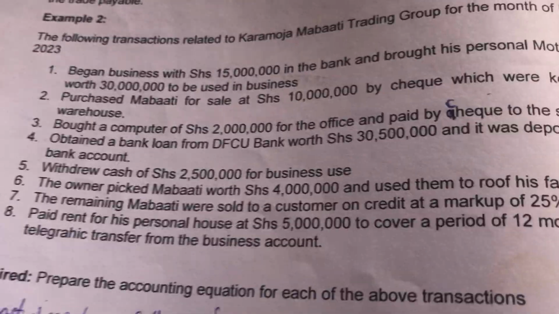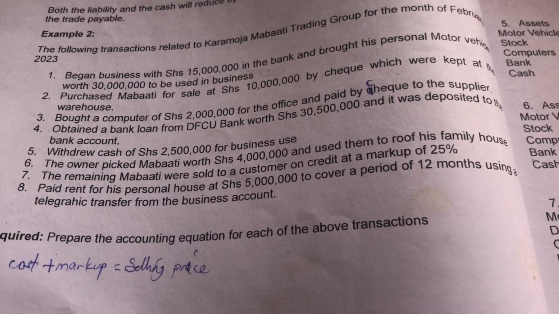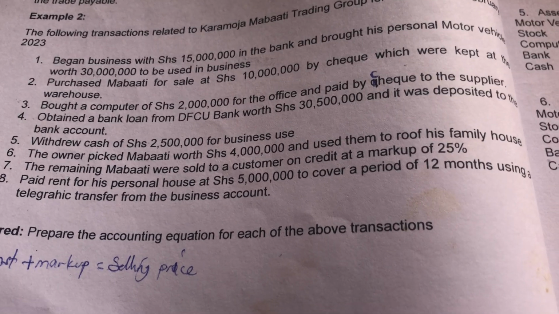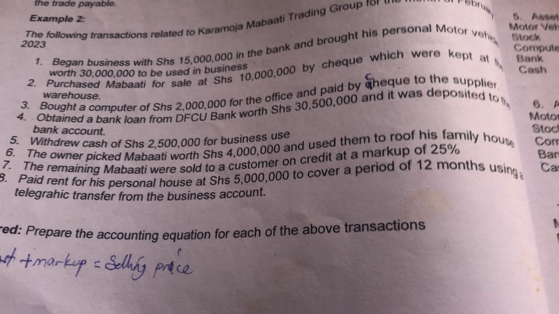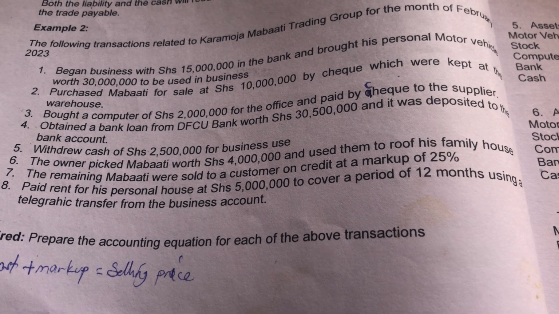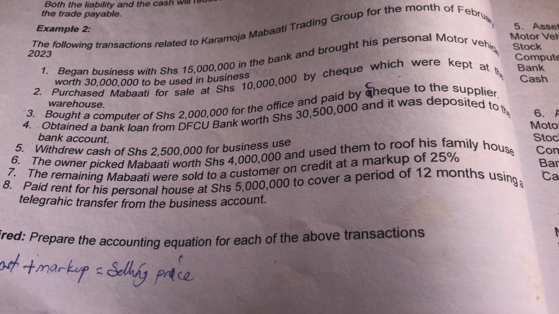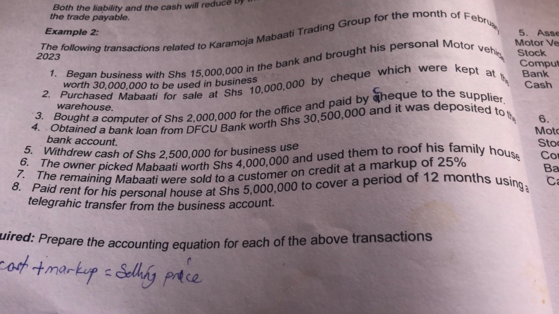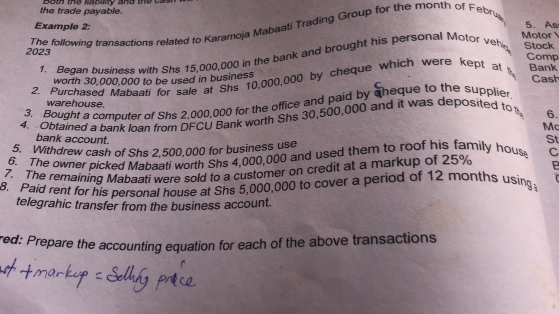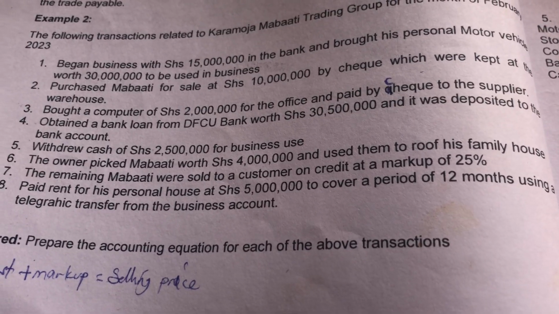Are we together? Then 8, they are actually telling us on the part of 8 that he paid rent for his personal house at shillings 5 million to cover a period of 12 months using telegraphic transfer from business. Telegraphic transfer from business, that means he used the bank. Are we together?